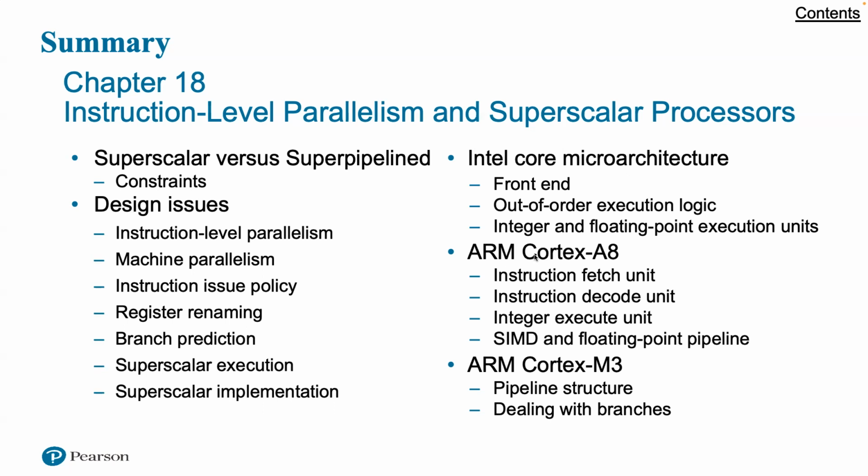Then we spent time first looking at the ARM Cortex-A8, which is a more involved and elaborate type of processor in the ARM family. And then we talked about the ARM Cortex-M3, which is used as a microcontroller, a very simple type of processor in comparison. All right, well, that will end it for now.